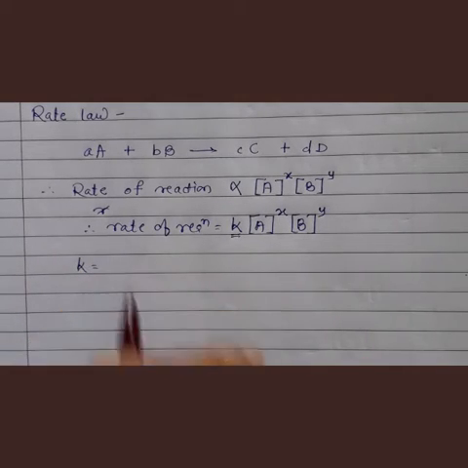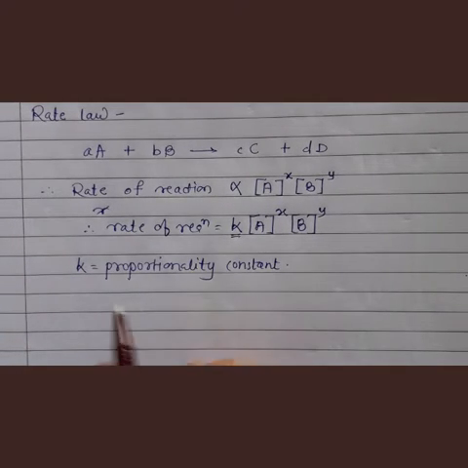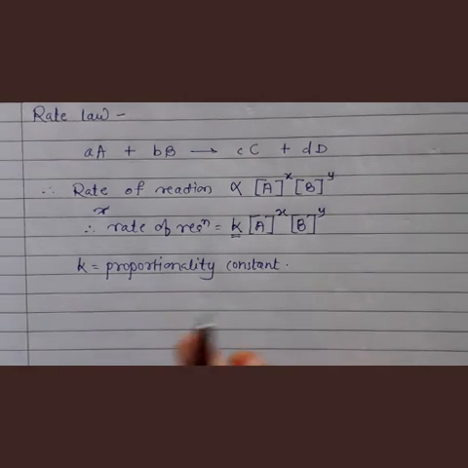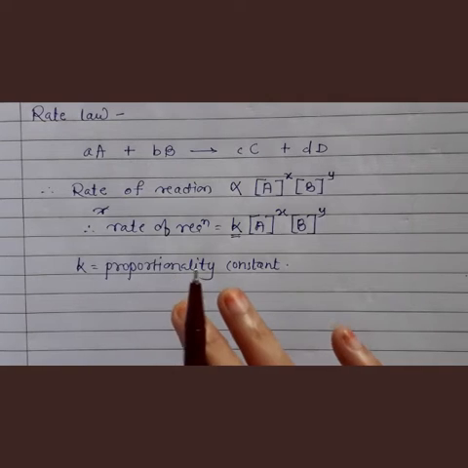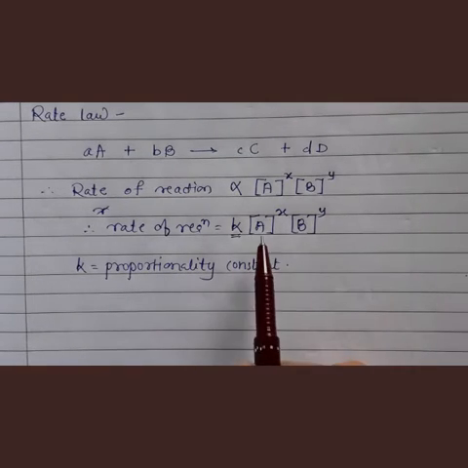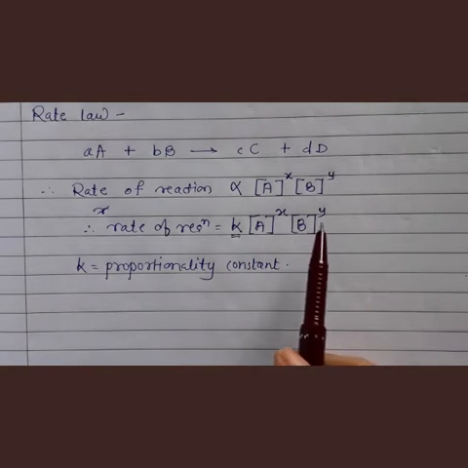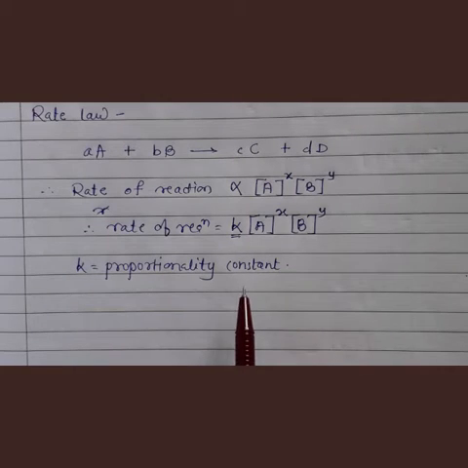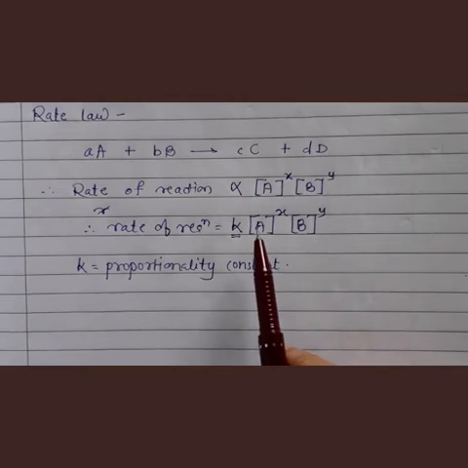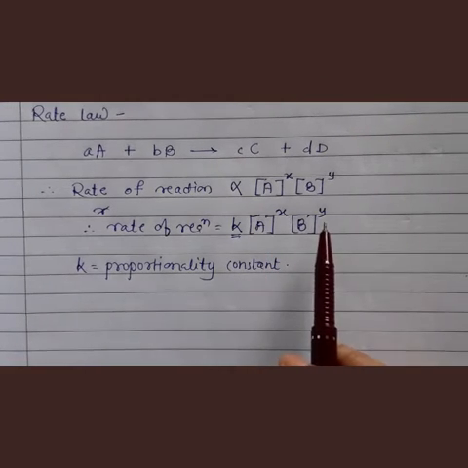K is called the proportionality constant. The value of the rate constant is independent of the concentration of the reactants and it varies with temperature. Understand? Rate constant varies with temperature. It does not depend upon the concentration of A and concentration of B.